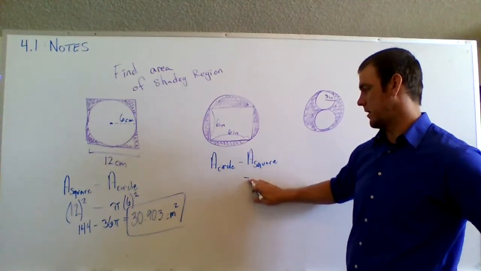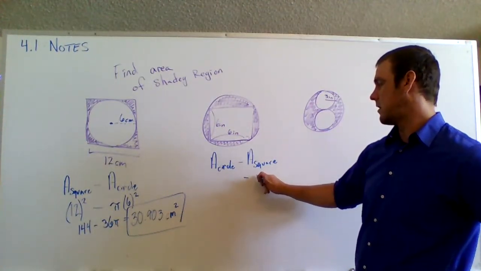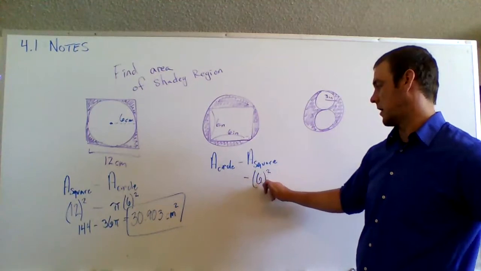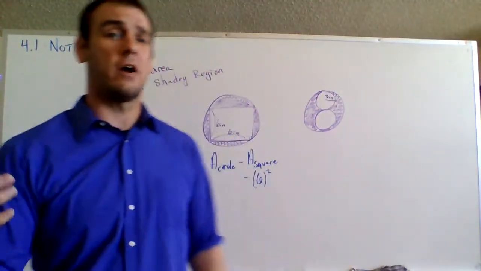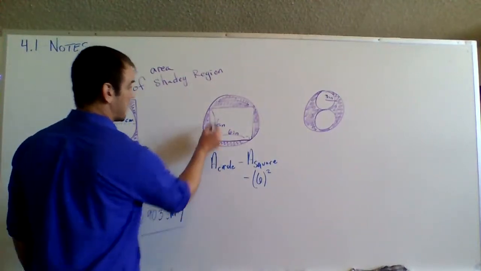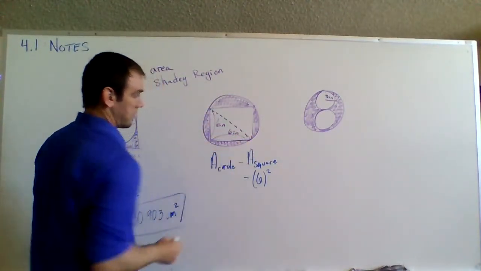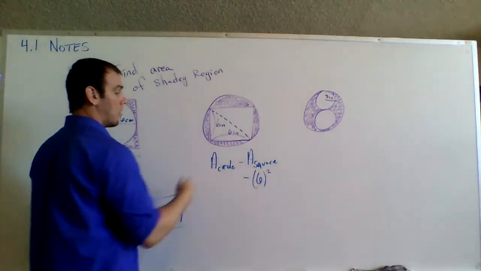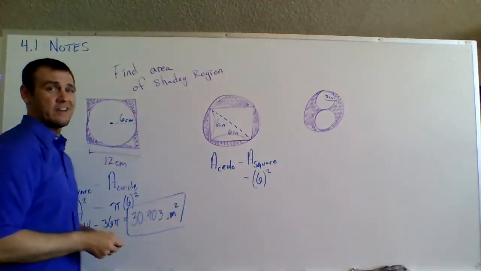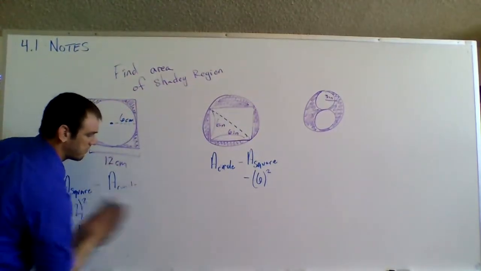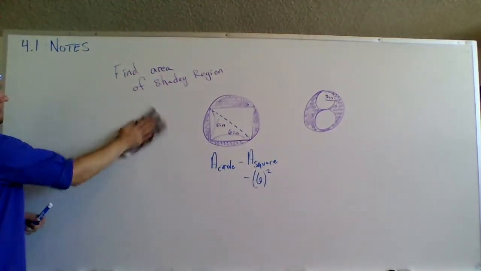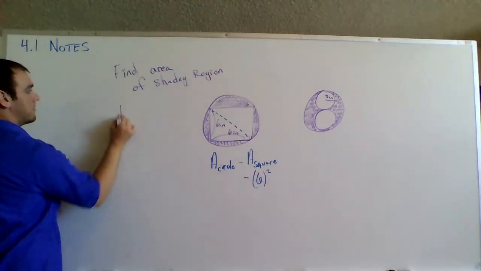So it's going to be minus 6 squared, or minus 36. Now, the hard thing to do is figure out what the radius of the circle is going to be. Well, we need to ask our friend Pythagoras again because he always knows how to find these things. So we're going to set up a right triangle.